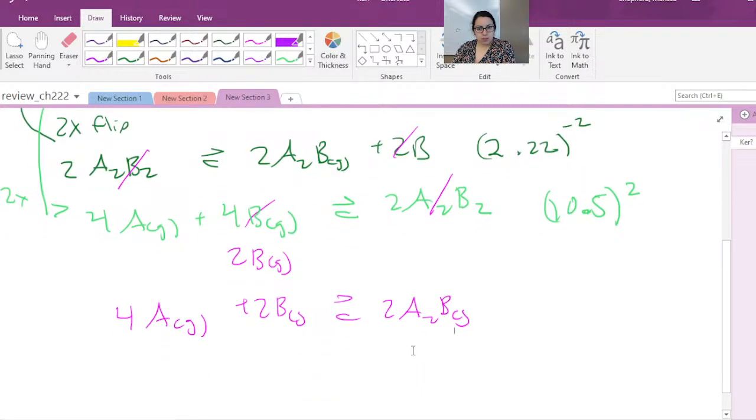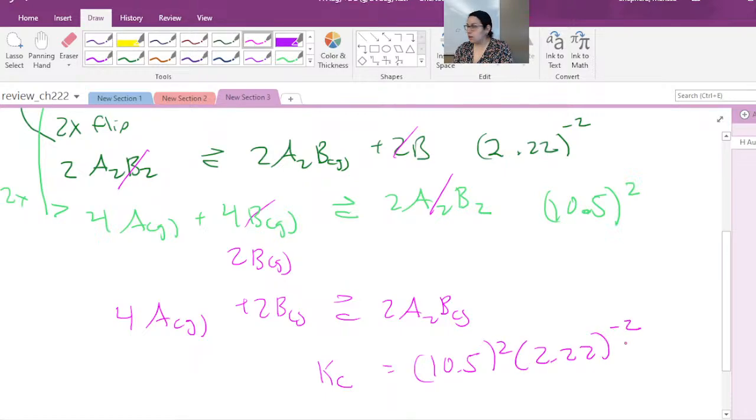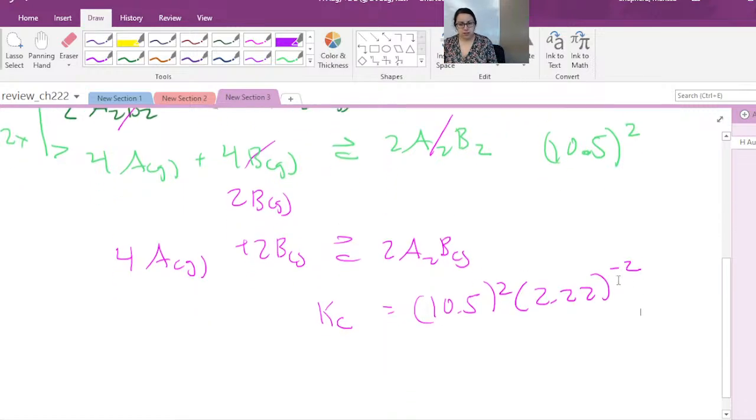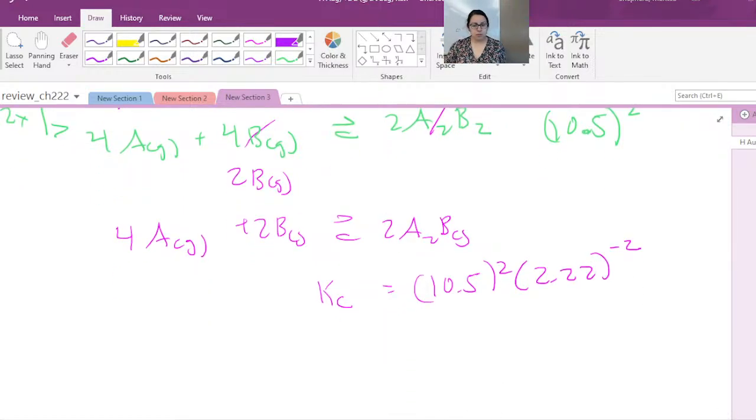That looks good. Now we can multiply these two. So our Kc for this reaction is 10.5 squared times 2.22 to the negative 2 power.